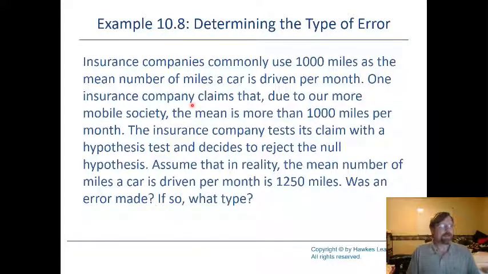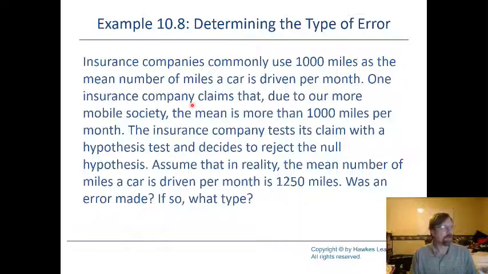Insurance companies apparently like to use 1,000 miles as the average number of miles a car is driven per month. One insurance company claims that because our society has gotten more mobile, the mean is higher than 1,000 miles per month.